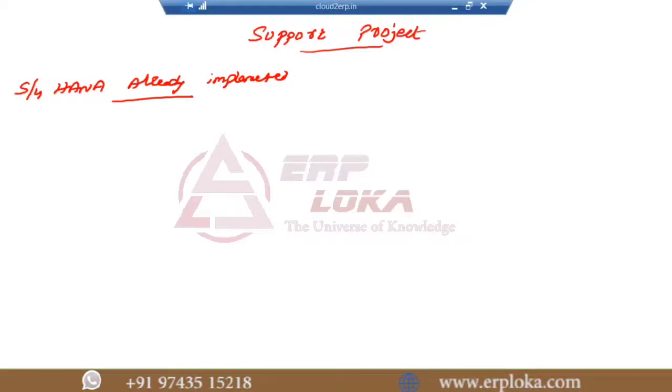The consultants will be hired for the support project to support the business whenever they get an issue. For example, the end user is working on SAP and will face some issue. The issues you post in the group, such as account assignment mandatory, not being able to create the plant, or not being able to activate the material ledger, all those things are issues. Whatever screenshots you see in the group are called issues.